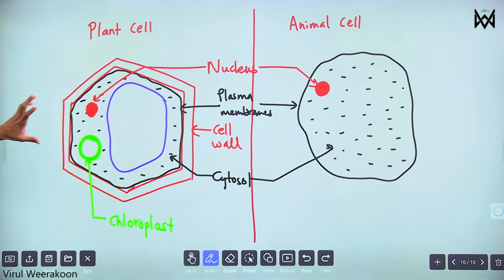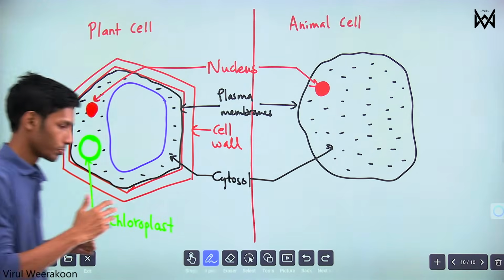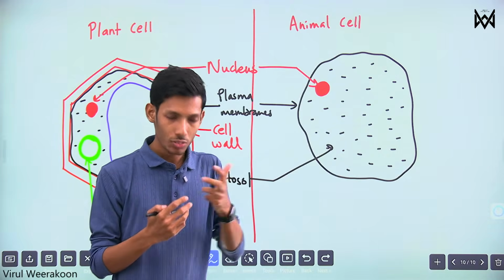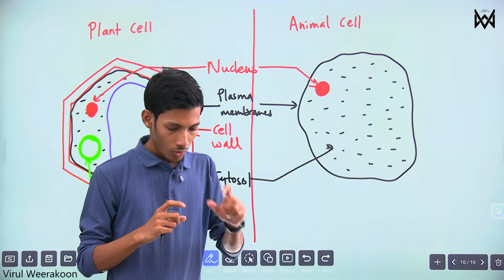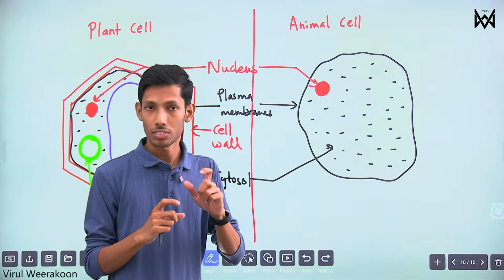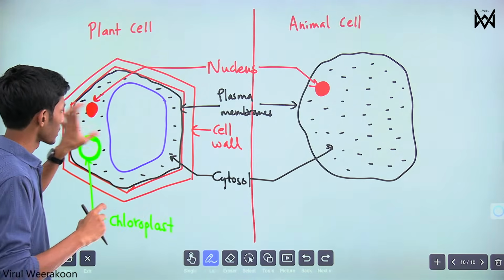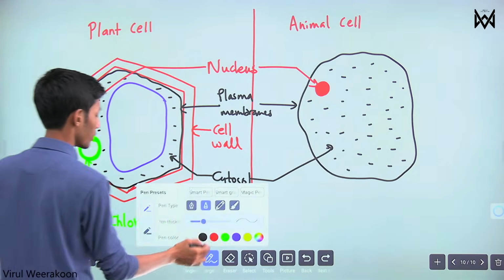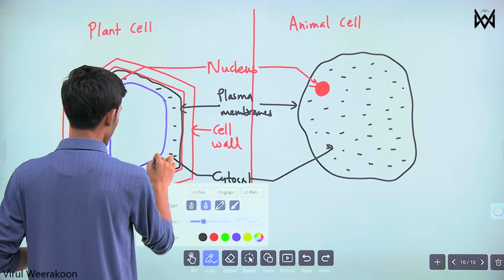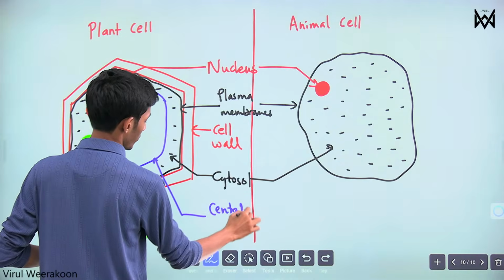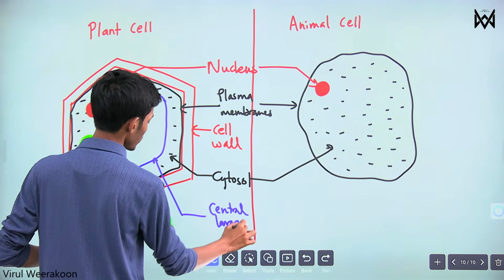So the major key highlights: once you first view a cell under a microscope, what you really notice first is that you can differentiate a plant cell from an animal cell by the presence of a central vacuole. You have to name that one also. This is the central large vacuole.